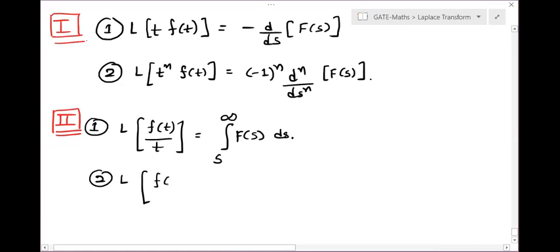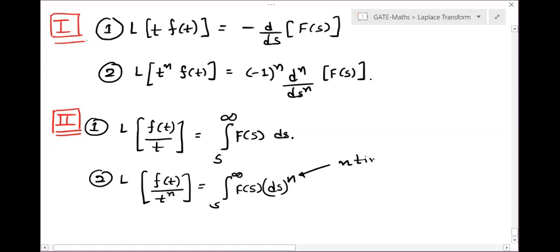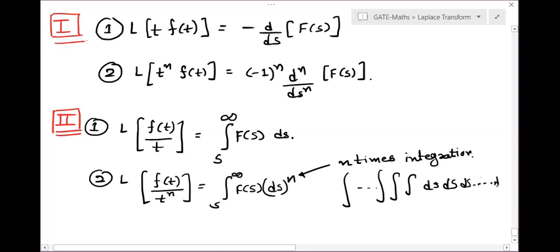So Laplace of f of t by t to the power n will be the integral from s to infinity of f of s (ds)^n. This (ds)^n means we are doing this integration n times: this is your first time, this is your second time, this is your third time, and like that you are doing this integration n times.